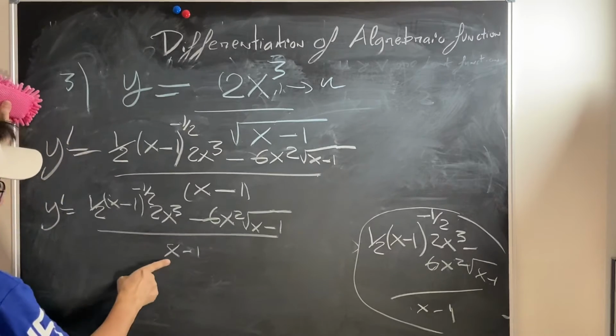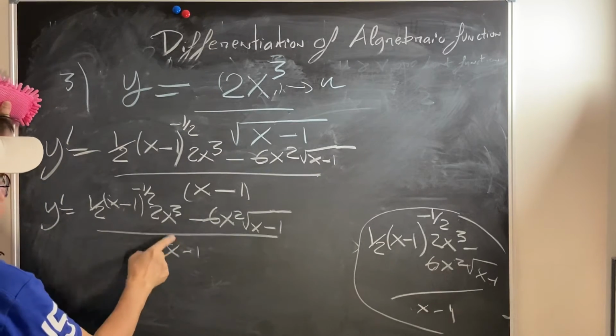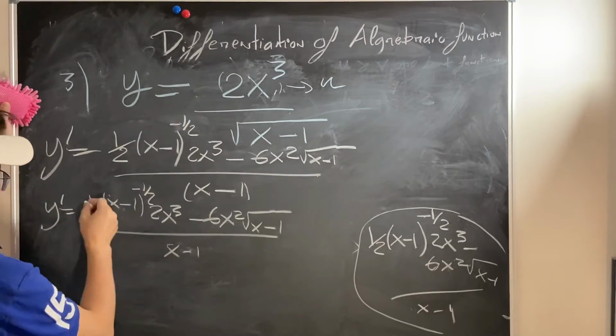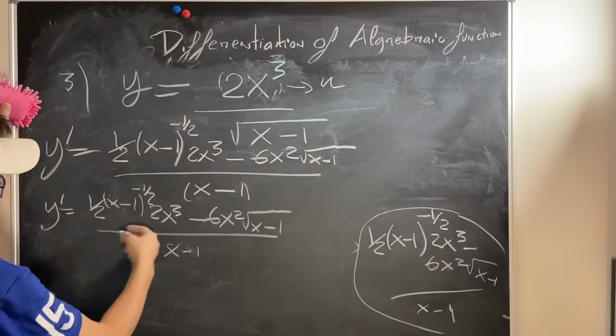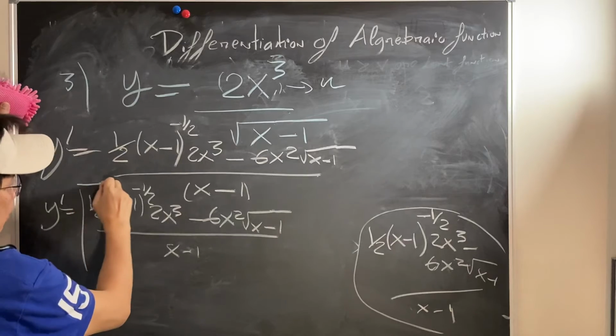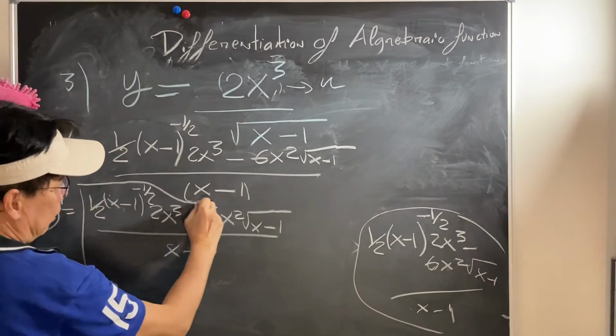We can simplify x minus 1 if we want, but the purpose is we just did to find the derivative, so you can stop here if you want. You will take full credit if you stop here.